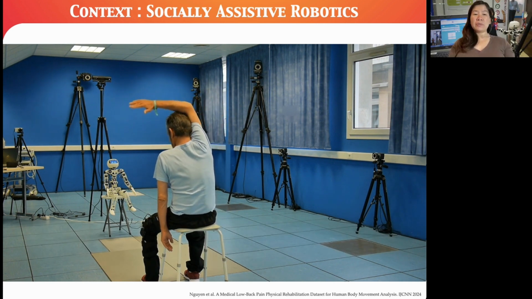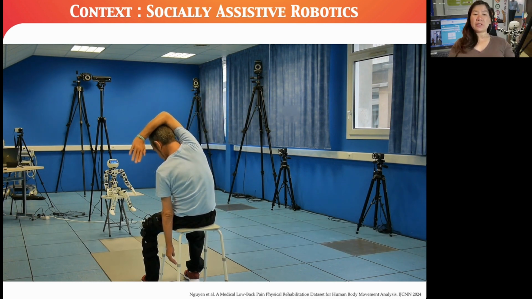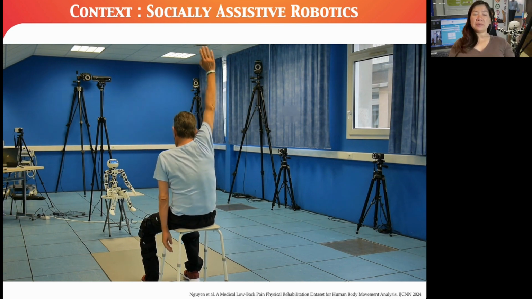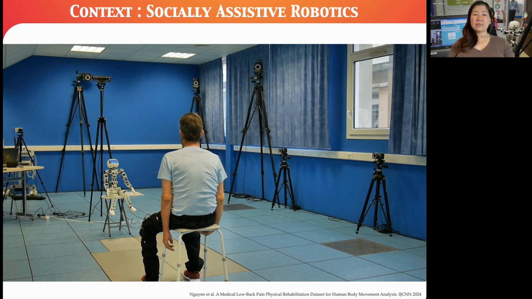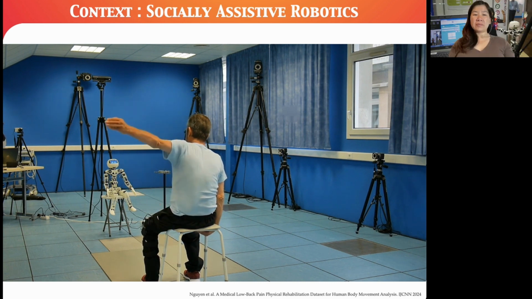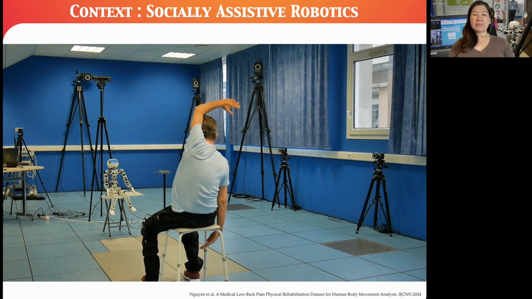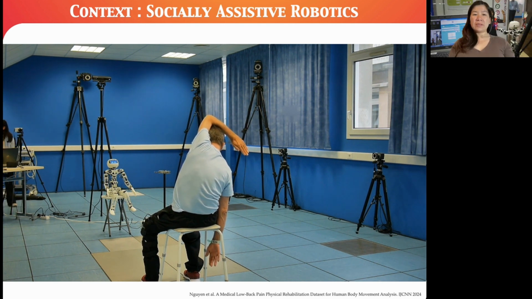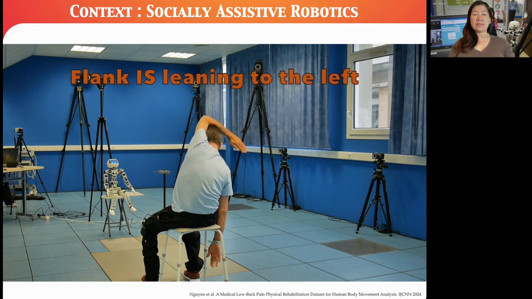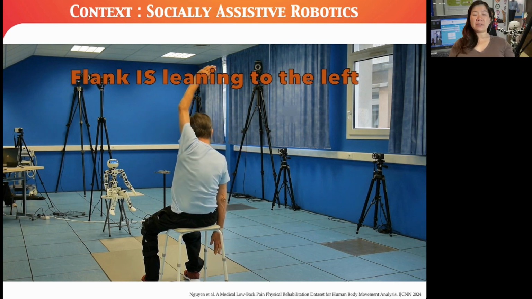So the goal is to provide feedback for the patient to improve his movement. So you can see that on this attempt, the patient is actually leaning to the left and is doing it right.